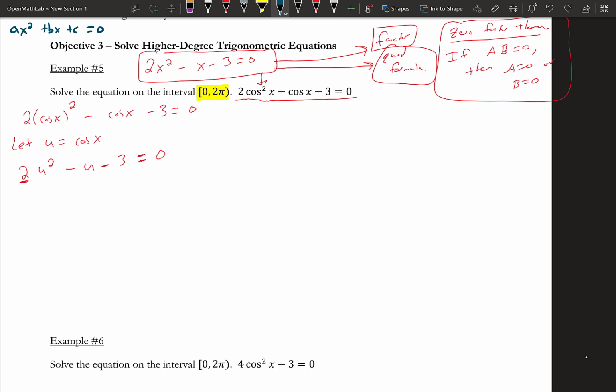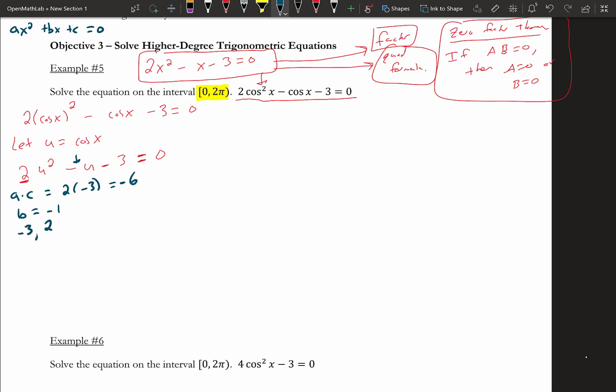You take a times c, 2 times negative 3, and we get negative 6. Then we denote the b value, the middle term, which is negative 1. What are two numbers that are factors of negative 6 but have a sum of negative 1? Those numbers would be negative 3 and positive 2.